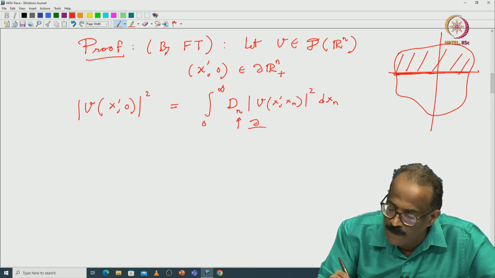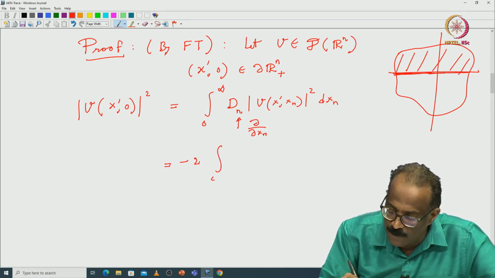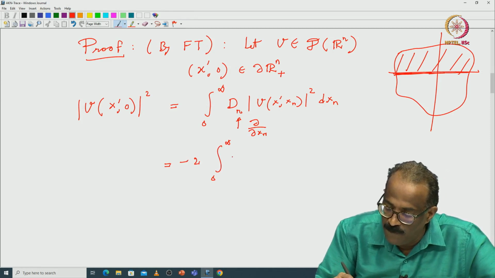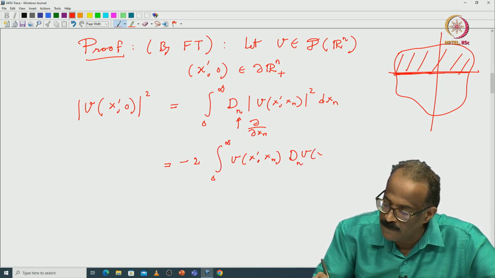So, this can be written as minus 2 integral 0 to infinity V of x prime xn and dn of V of x prime xn. Okay.